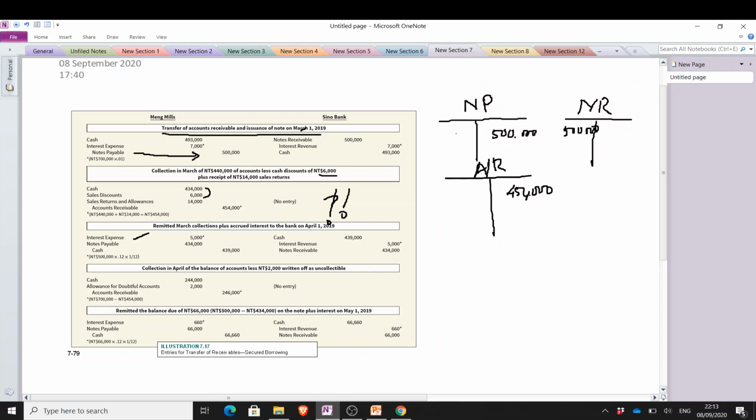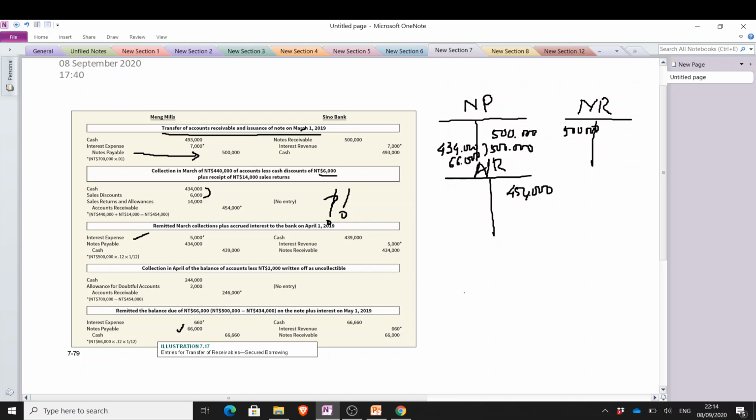So notes payable is deducted here as much as 434,000. Okay, and then on collection of April, the same entry, and then notes payable is remitted again, the remaining 66. So it equals 500,000 here.